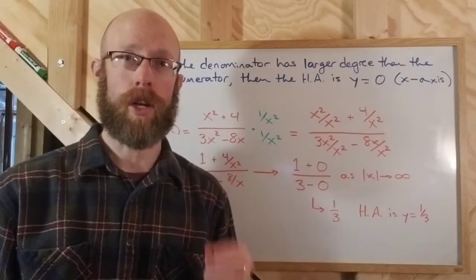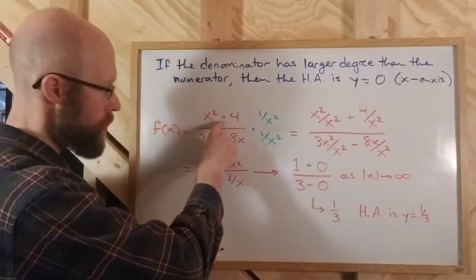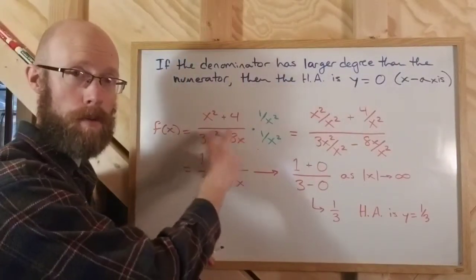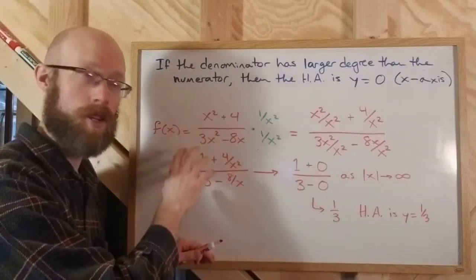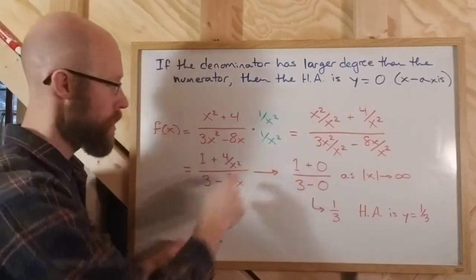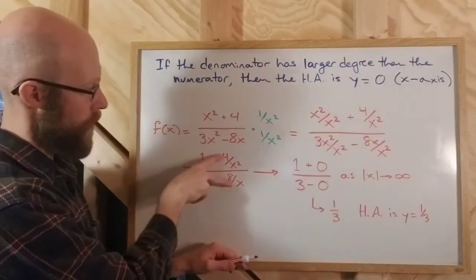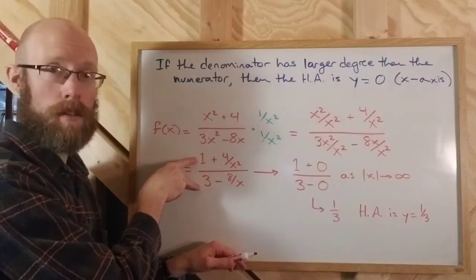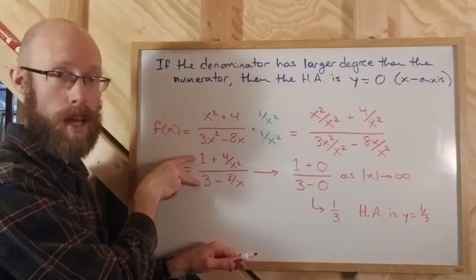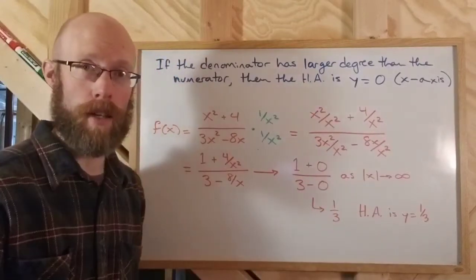And as a general rule, and this will always happen, no matter what the polynomials are, when you divide by the largest term, or the largest degree, you will end up with a ratio where everything drops off except the leading coefficients, and their ratio will end up being the horizontal asymptote.